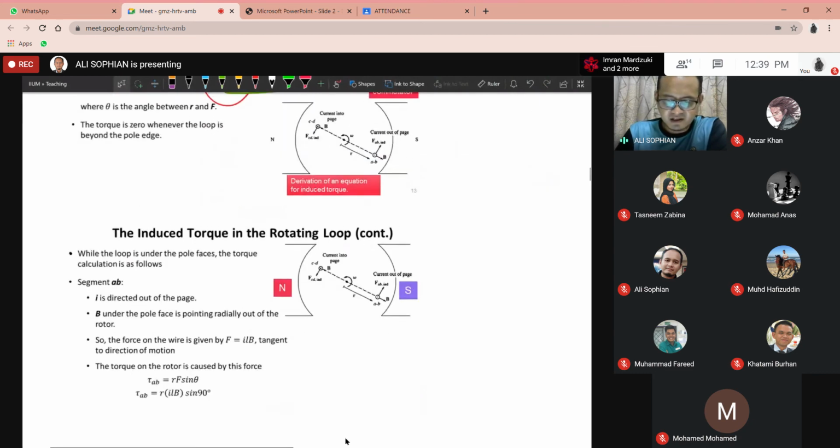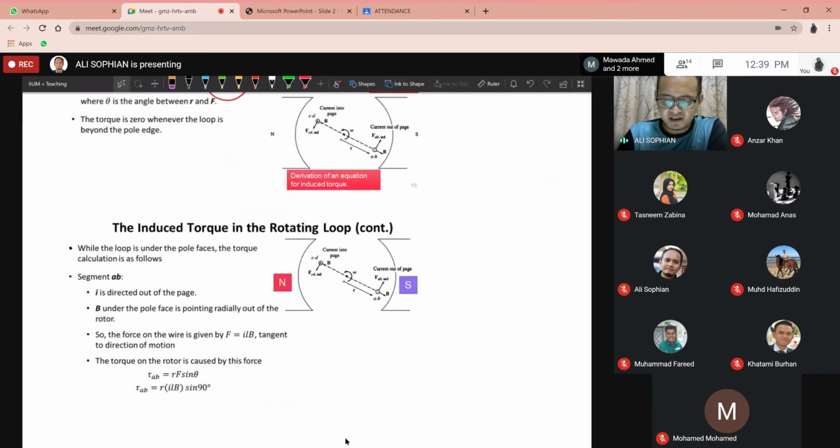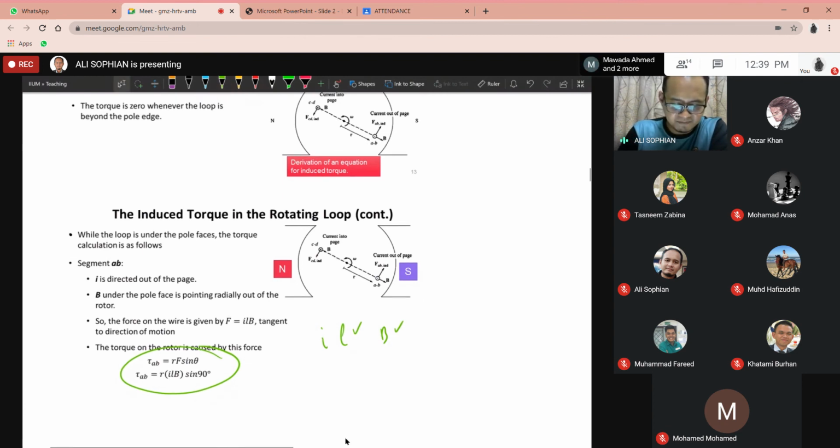Okay, so the way we derive it is still the same, just like before, but now we are using this equation. The values we need to look at are I and its direction. L stays the same as before, and B is the same as before. For segment AB, the torque will be equal to this.